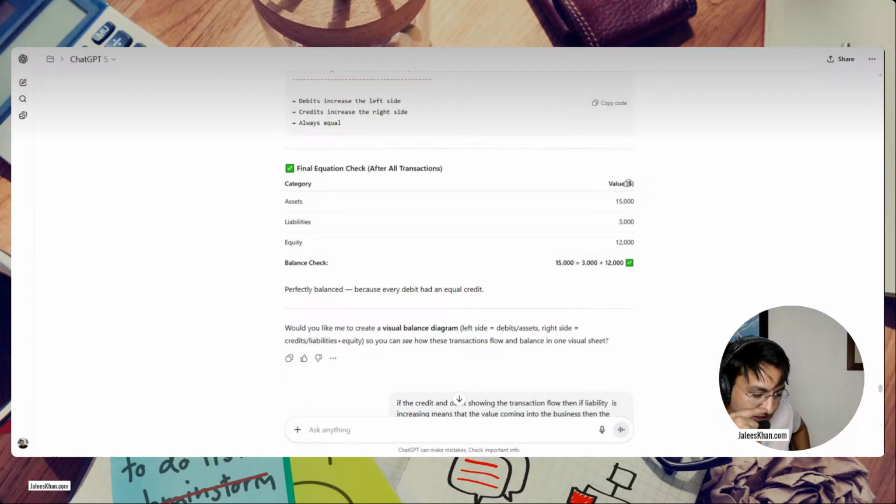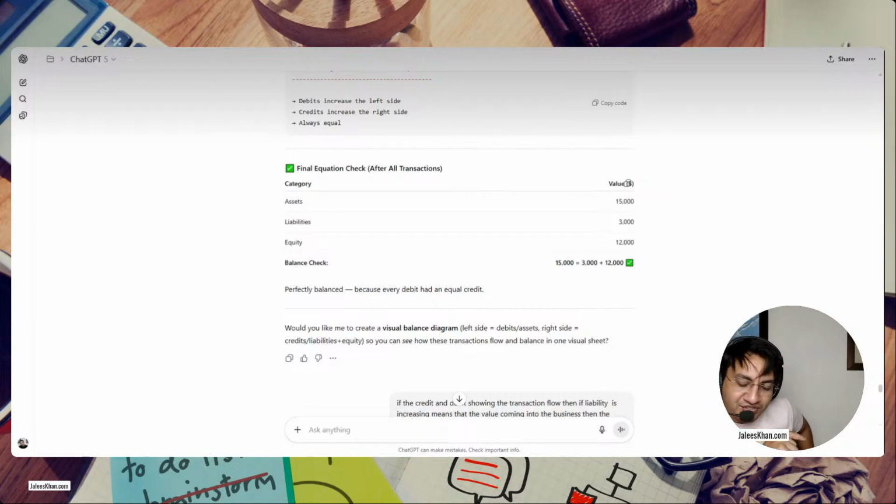But it is decreasing, because we are taking money out of the business, so the owner's equity is also decreasing. It means that the equity side is going to credit, no, going to debit.